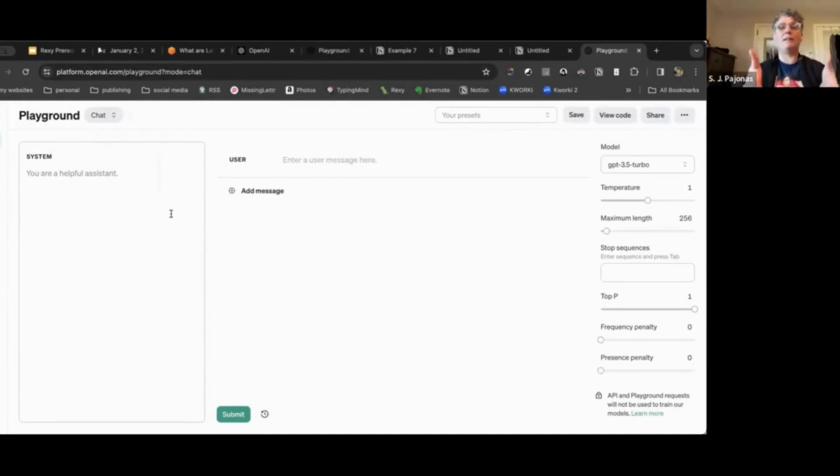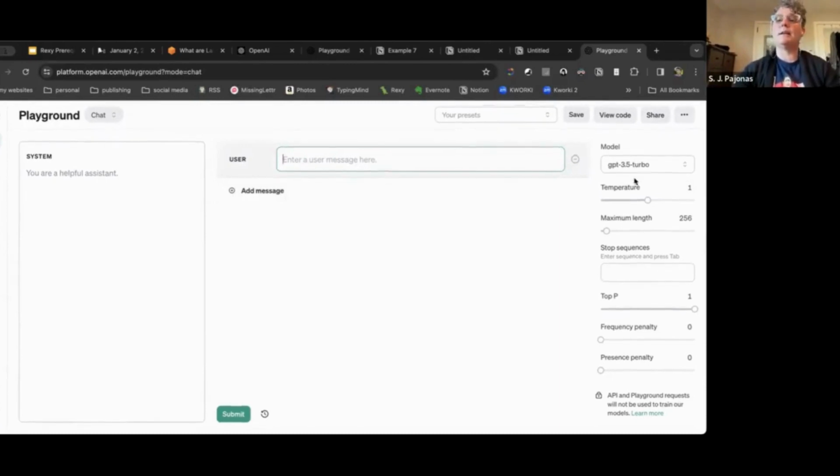And it helps point it in the right direction. You have to think of the data set on the back end being a whole big field of stars, right? If you think of the galaxy, it's huge. So you've got to point it in the right direction so it knows where to go. Your user message is your prompt, and when you hit submit, you get a response.